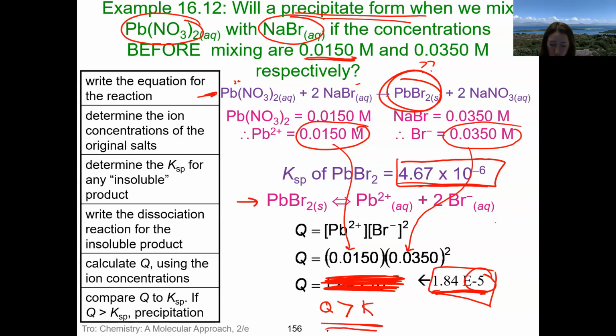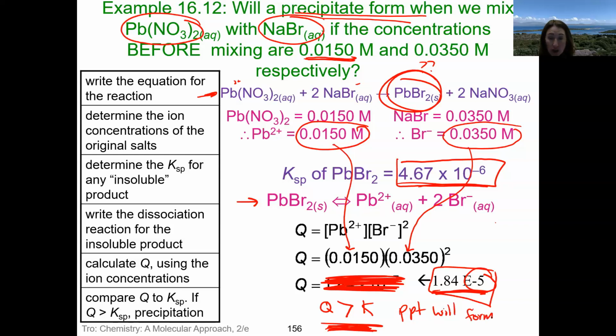So Q is greater than K. If Q is greater than K, that means we're too far towards our products and we're going to swing back to the reactants. So yes, precipitate will form.